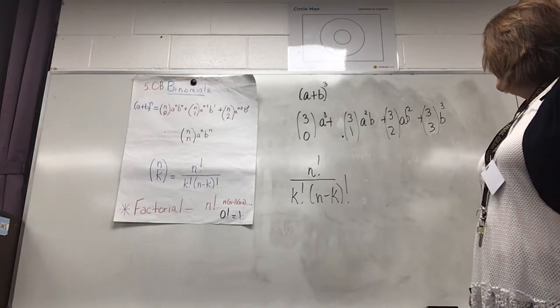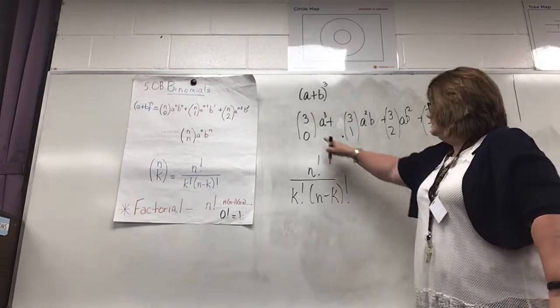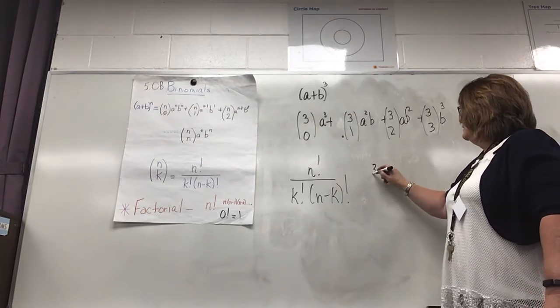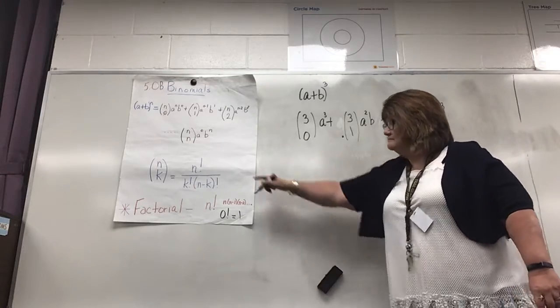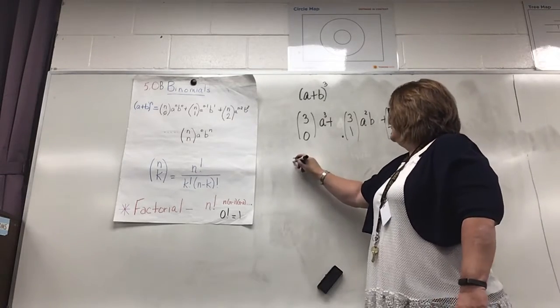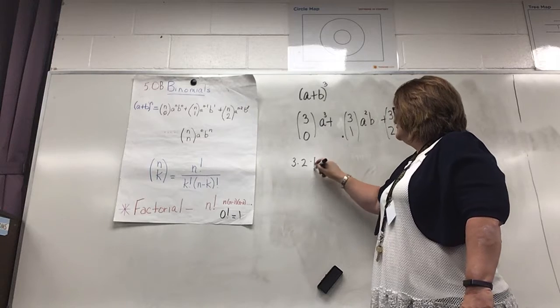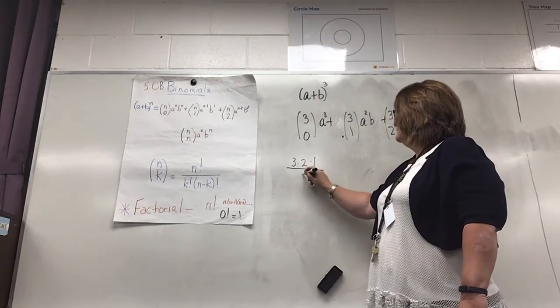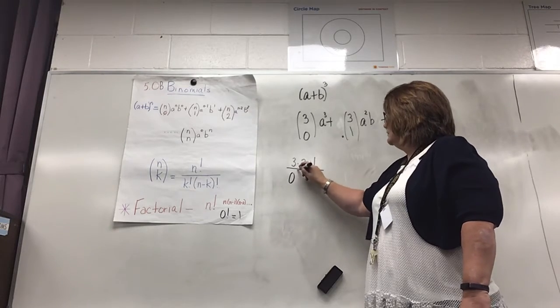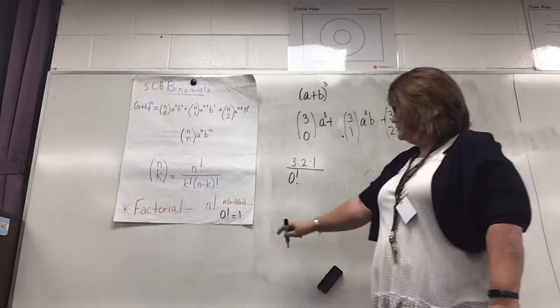Okay. So this first one, we'll take the 3. Let me erase that formula. It's right there for us to see. 3 times 2 times 1 over 0 factorial. And if you're wondering what 0 factorial is, that's 1.